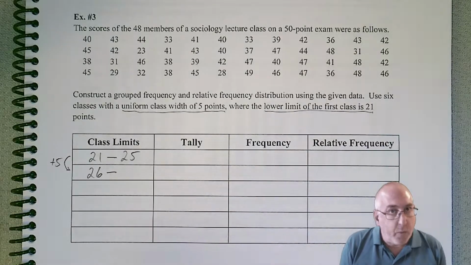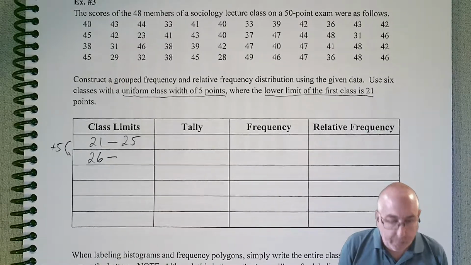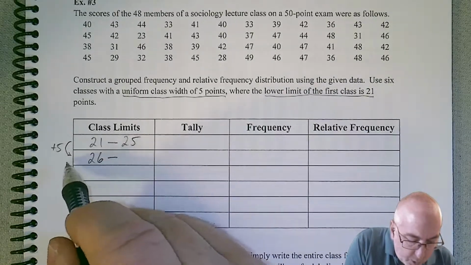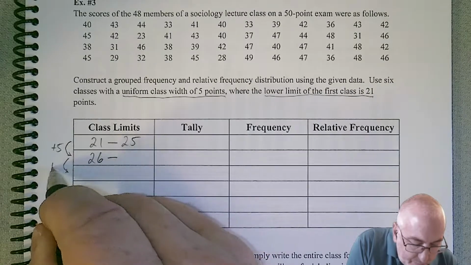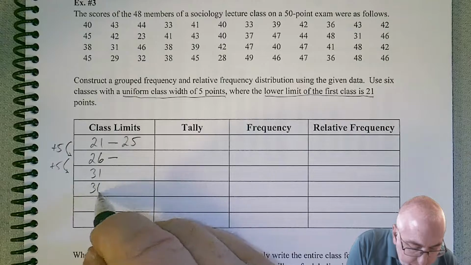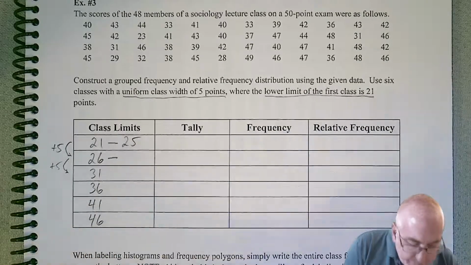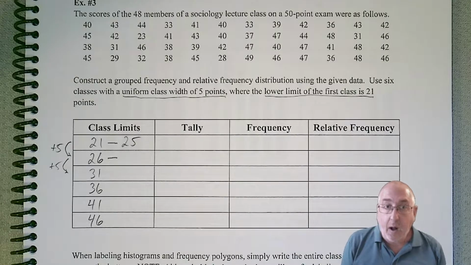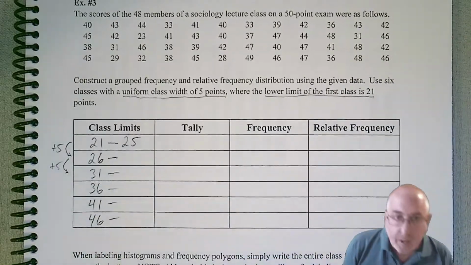However you want to fill in the rest of your classes, you're welcome to do so, but I would advise just working down. Always work down with that class width. So add 5, and so on. That'll take care of all the starting points for each one of your classes.